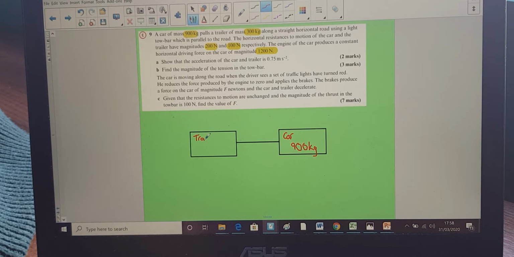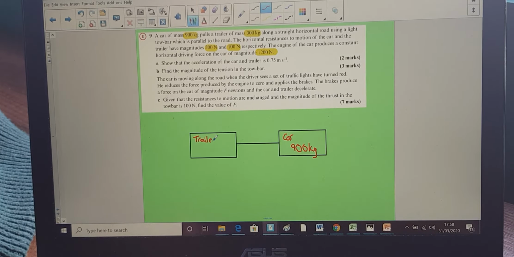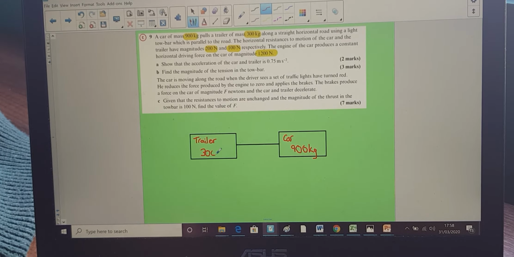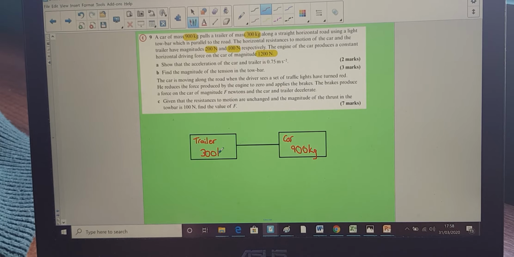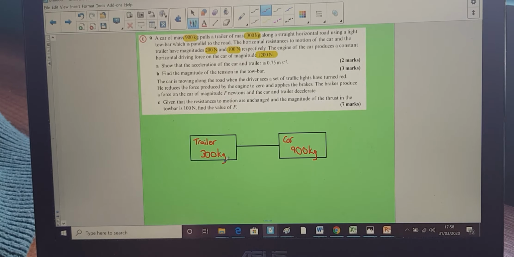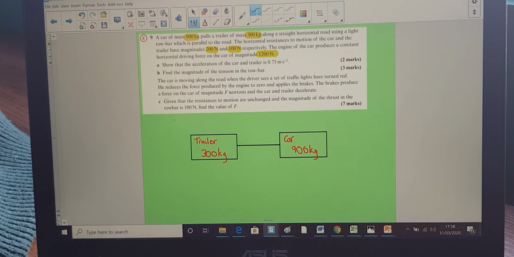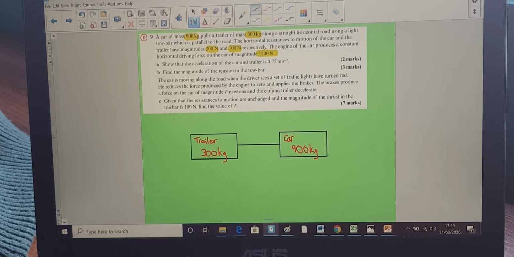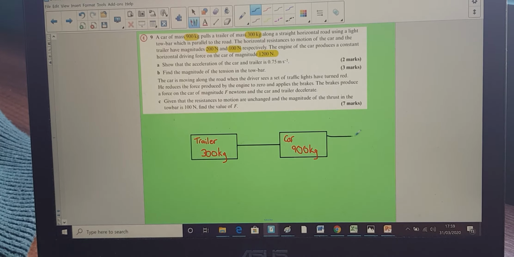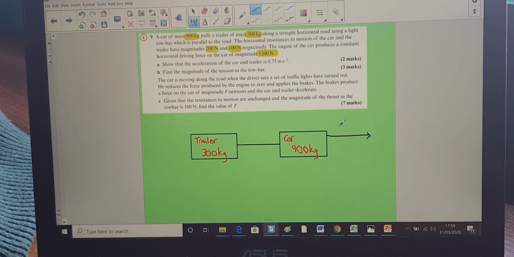It has a mass of 300 kilograms. Okay, now let's think about what's going on. So what else did the question tell us? It said that the car produces a constant horizontal driving force of 1,200 newtons. Let's label that on. So that's going to be 1,200 newtons.